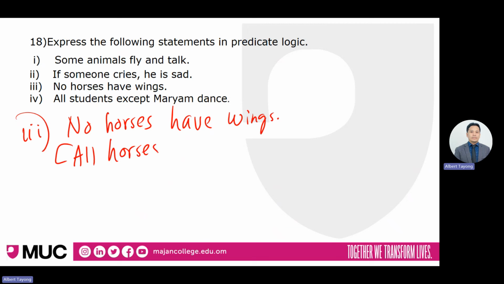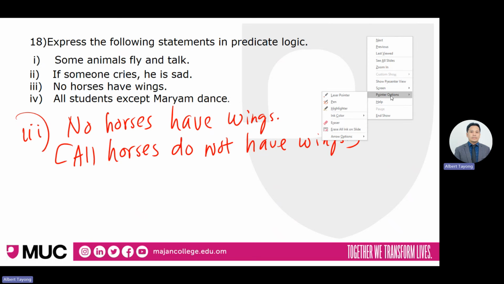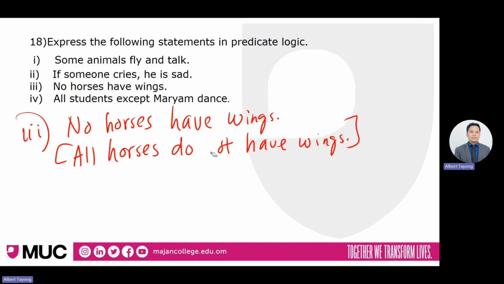All horses, transfer no to the middle, do not have wings. Okay, that's the meaning of no horses have wings. It means that all horses do not have wings.